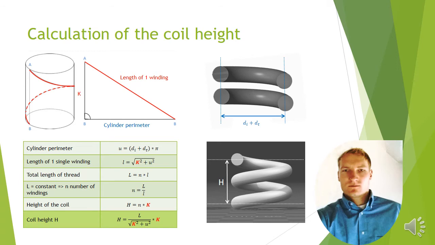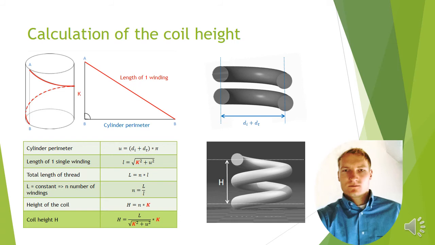Now with that u and the predefined k, we can calculate the length of one single winding. And if we would multiply the length of that single winding with the number of windings, we would result in the total length of that thread. But in our case, we have a predefined and fixed total length of thread for all the four coils I created.